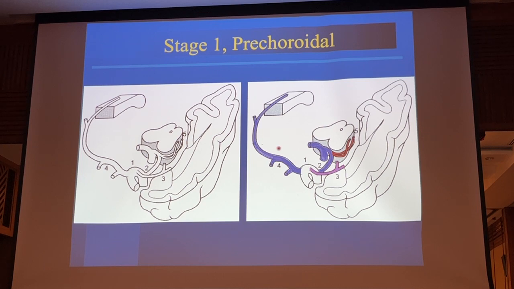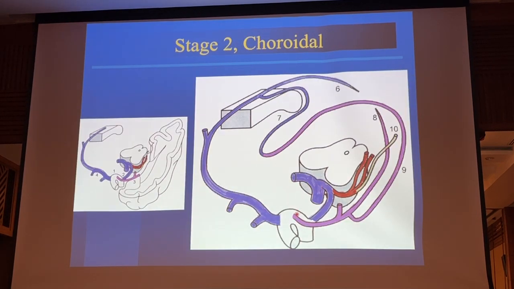From this stage 1, the anterior choroidal artery develops very large. It develops further, and a portion of that also supplies telencephalic regions.